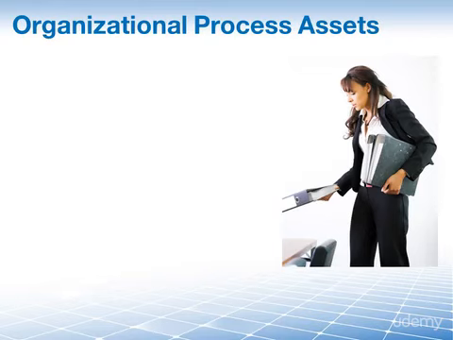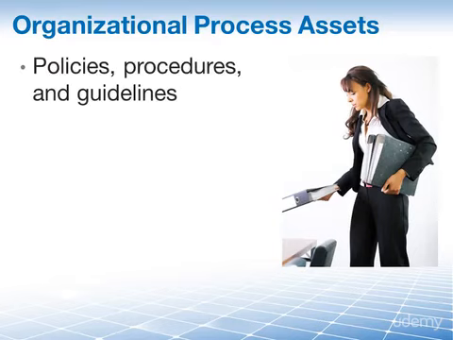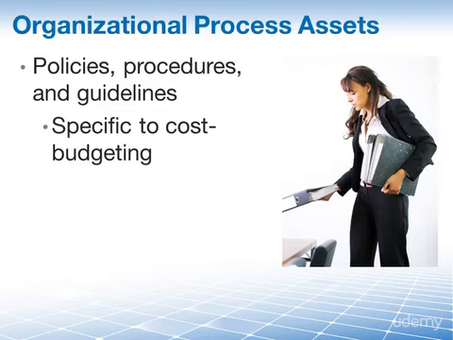You'll know that if you've done some budgeting in various companies. And this will be documented and defined in the organizational process assets. To be specific, it's defined in policies, procedures, and guidelines, and we have already referred to policies and procedures and guidelines when we discussed Estimate Costs.